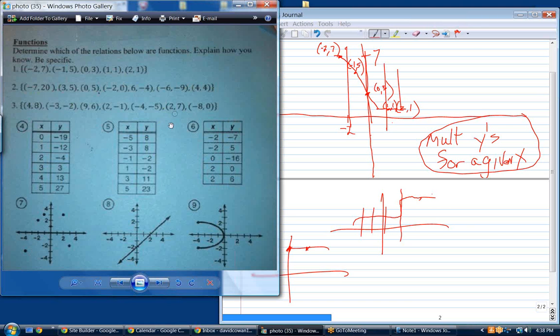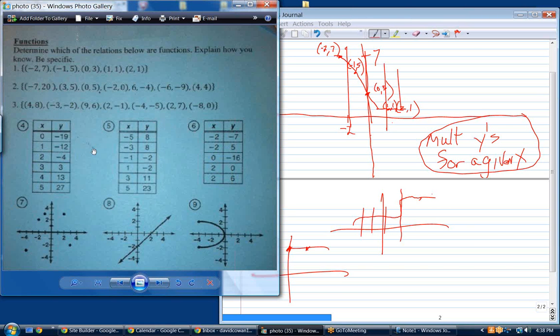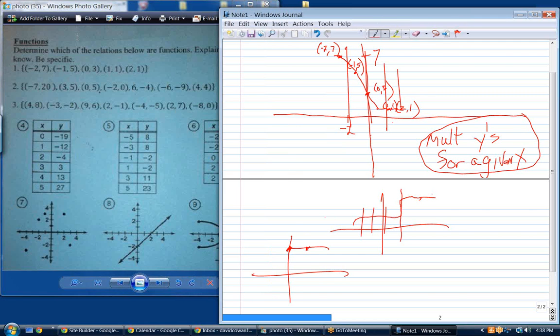Let's look at number 3. Aha. Notice that number 3 has one data point that is 2, -1, and it has another data point that is 2, 7.